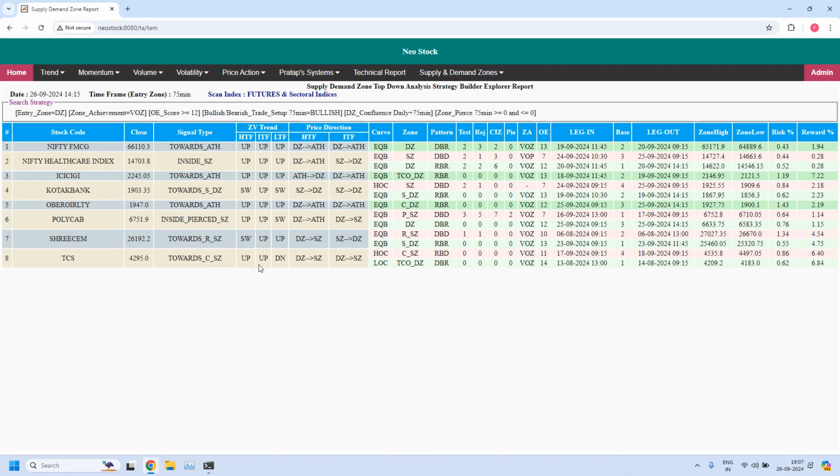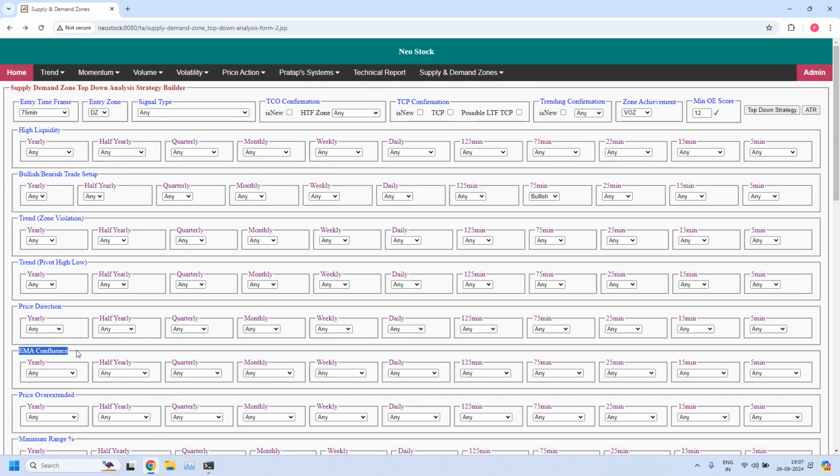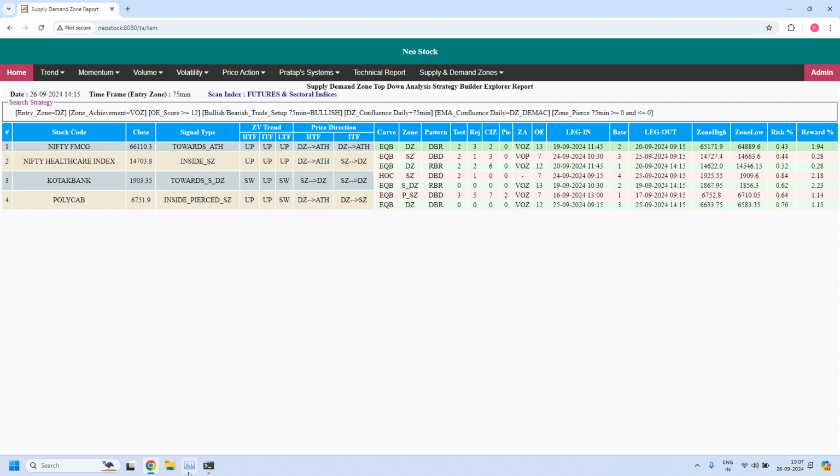Always ITF is uptrend in the bullish trade setup. Uptrend EMA confluence makes sense. So in the EMA confluence, daily time frame, I am selecting daily demand zone with daily EMA confluence. Let's verify. 4 stocks. All these 4 75 minute zones are part of the daily zone, and the daily zone is having daily EMA confluence.